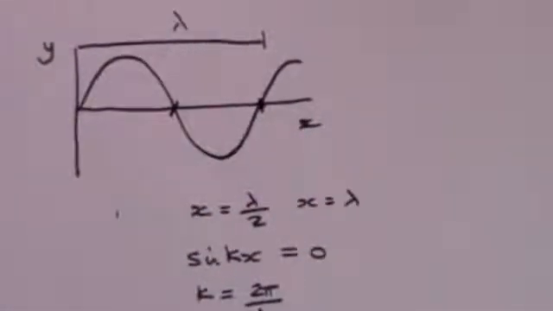So now we can see what's going to happen to our wave. Here is our wave of sine kx. And remember, the nodes are fixed, they do not oscillate. But this will oscillate up and down. Why? Well, here's the reason.